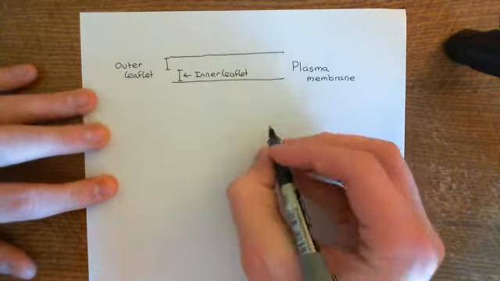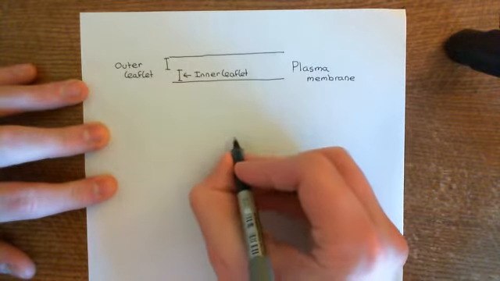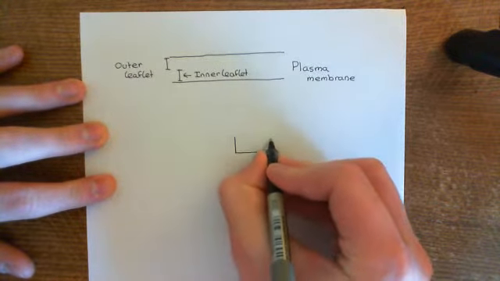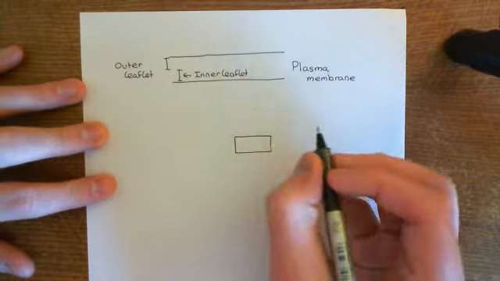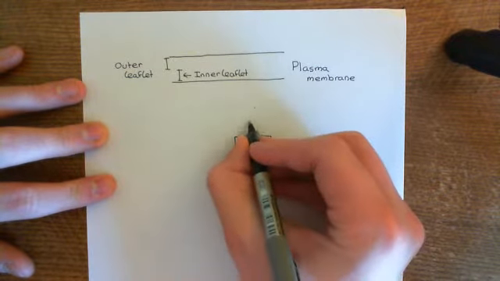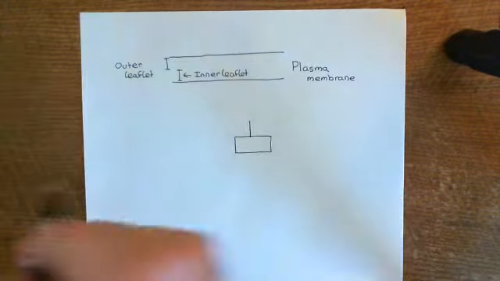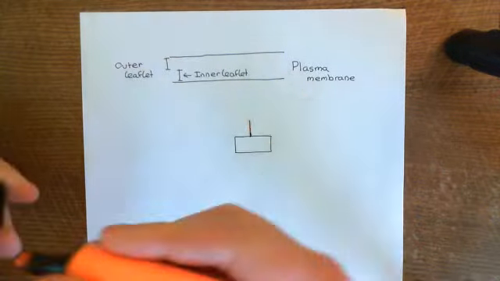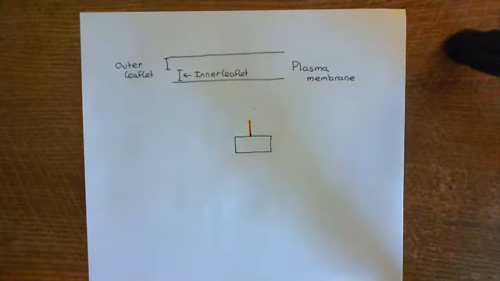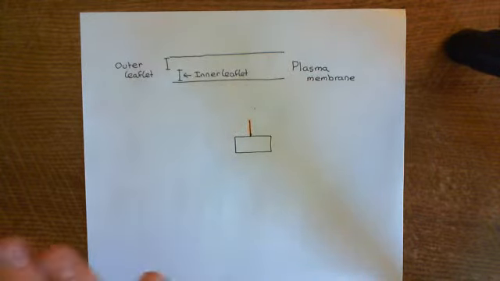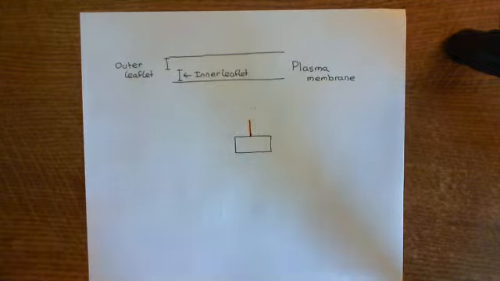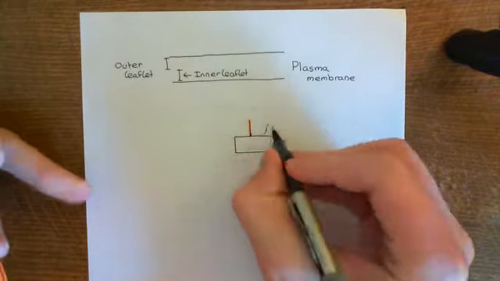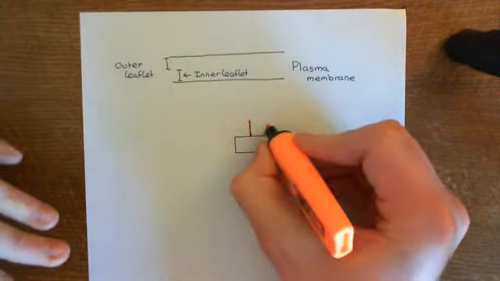Now, if you take a protein, let's say we have a protein here, which I'll just draw as a square, and then you add a palmitic acid molecule onto it. I want to stress that unlike myristoylation and also prenylation, you can add multiple palmitoyl groups onto proteins, so we could put more than one on.